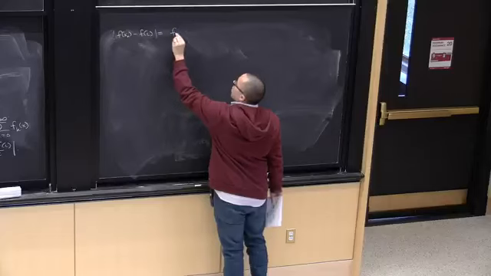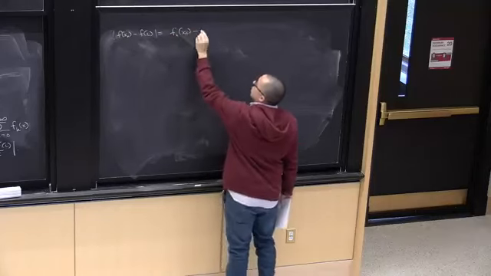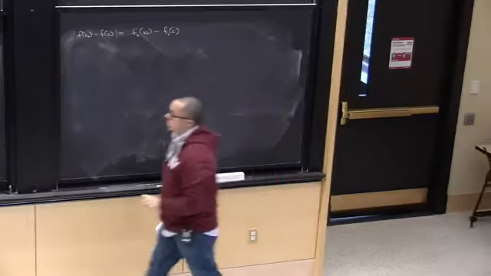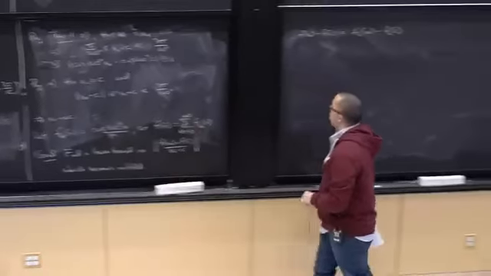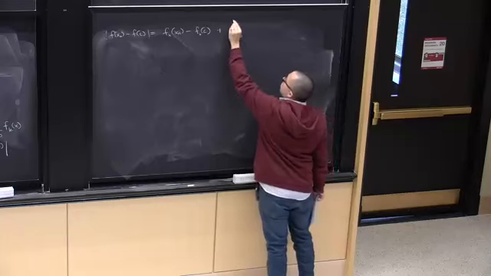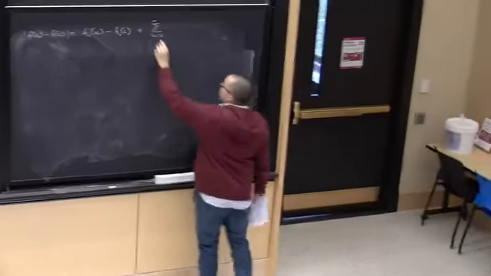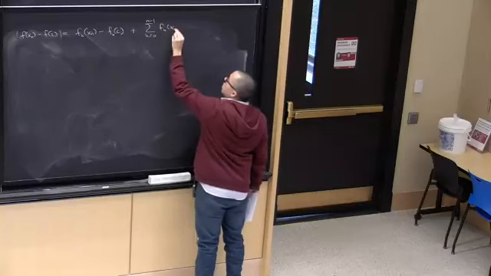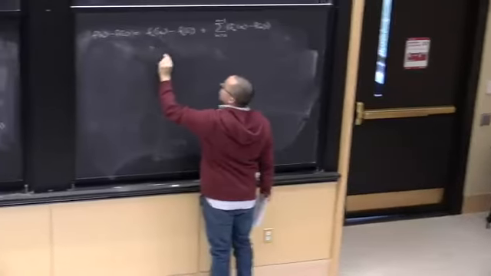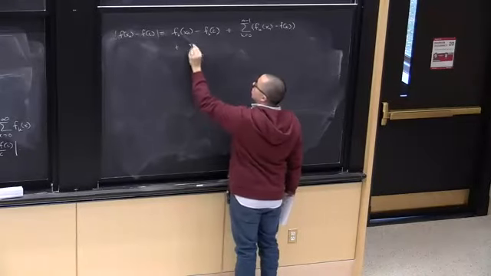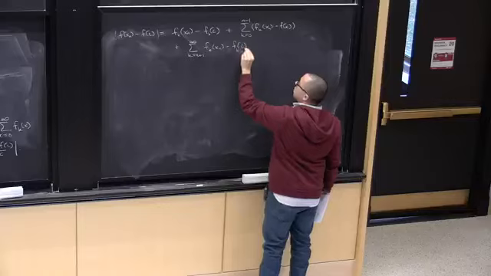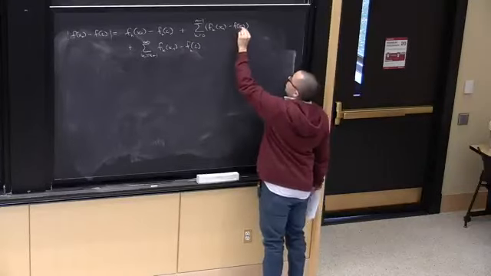So I have the nth one, remember, f sub k is just one of these building blocks, plus the sum from k equals 0 to n minus 1, plus the same with x replaced by c. Okay?